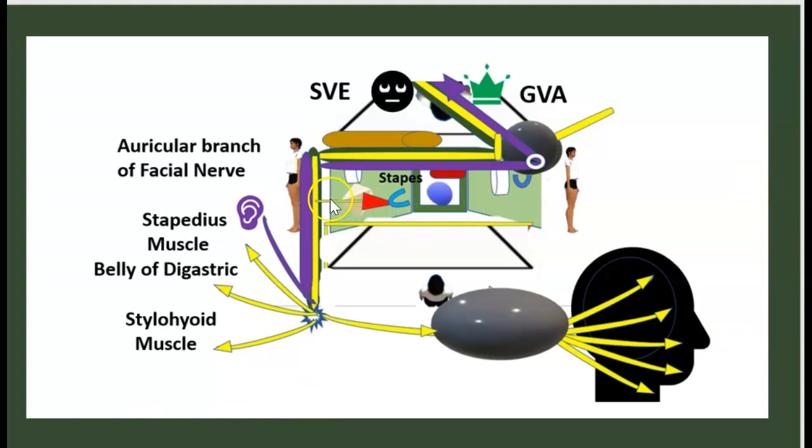At the level of the pyramid, some branchiomotor fiber go to the stapedius muscle, which holds the foot of the stapes. The role of this muscle is to reduce loud sound: when it contracts, the stapedius tightens the stapes to reduce sound in the environment.